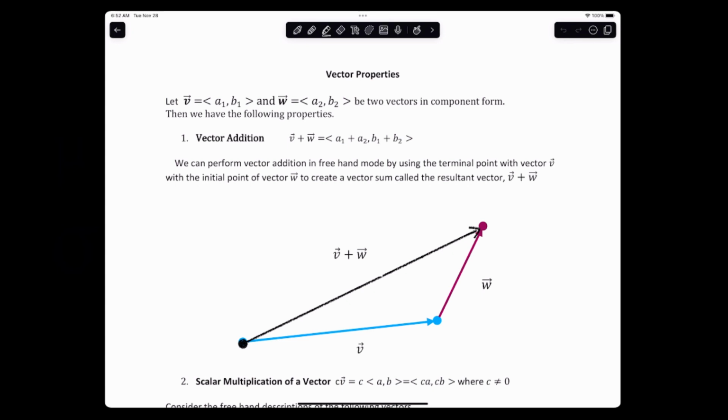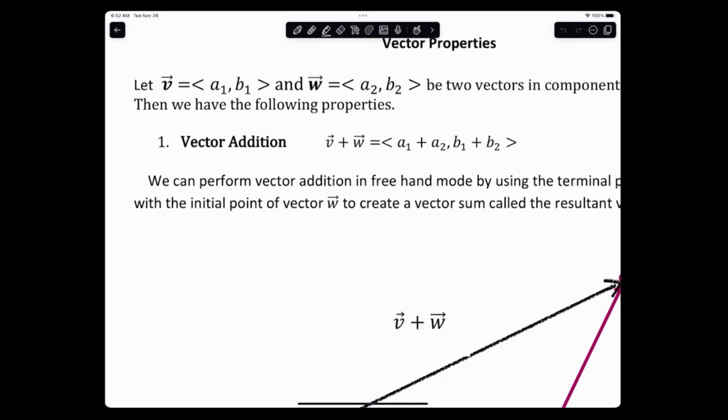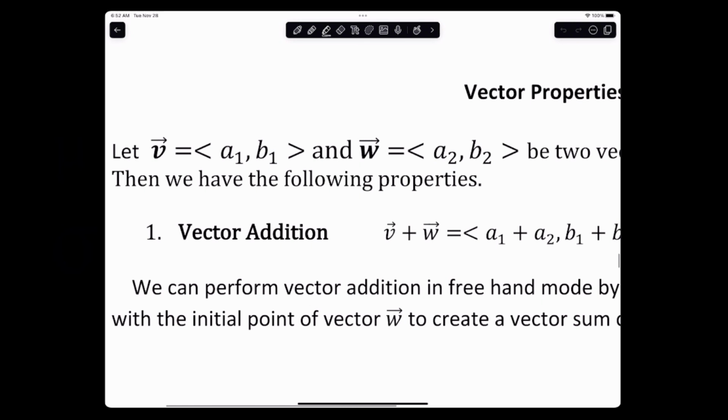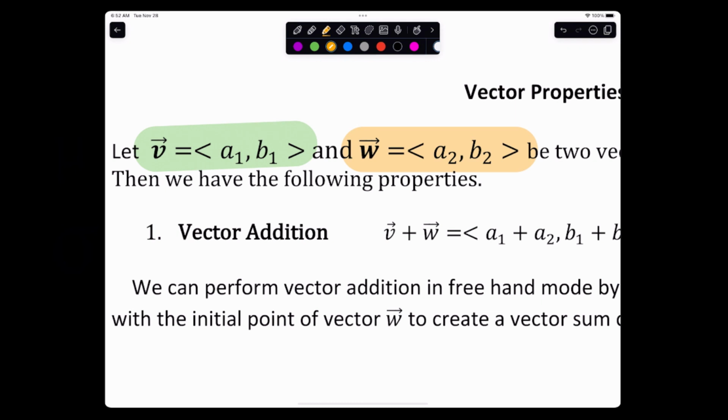So, for example, if you're given two vectors, now here's the name of the vectors, and it's in the component form, right? So you got vector v here, and sometimes when I have two things I use green and orange because it's convenient. So here's two vectors in component form.